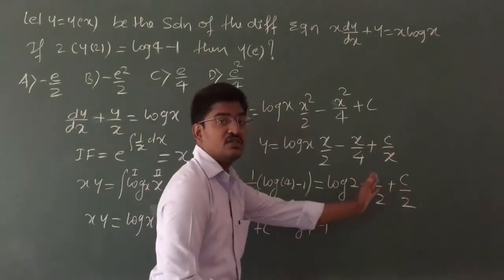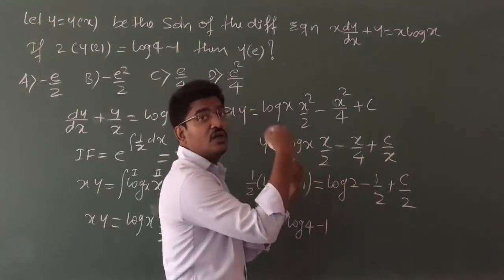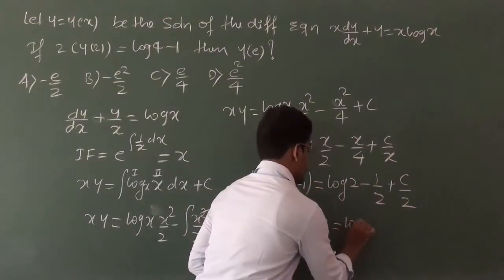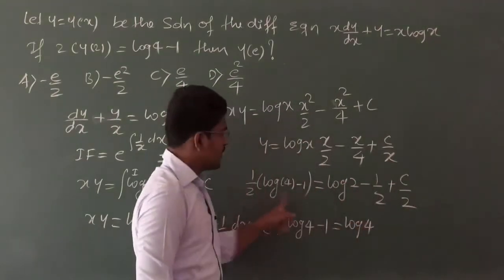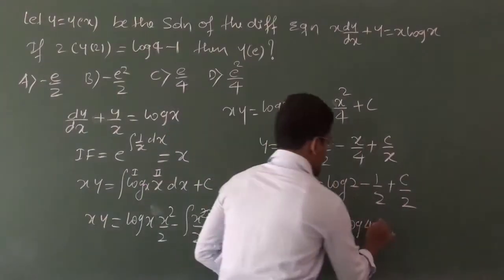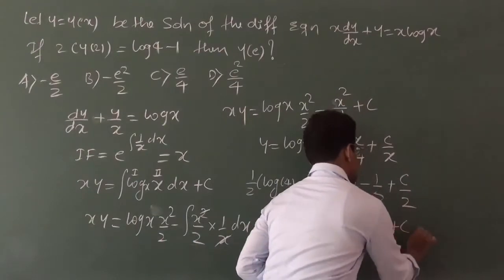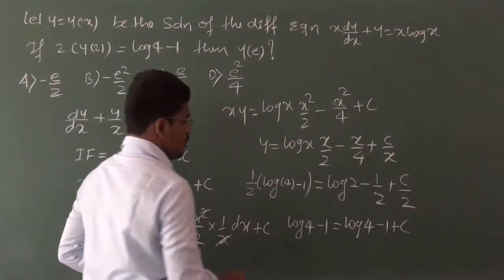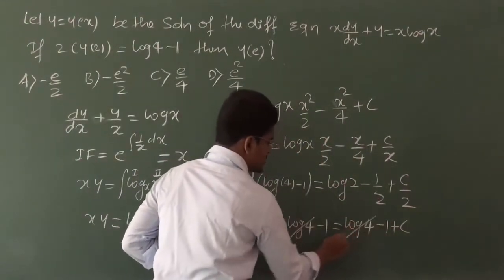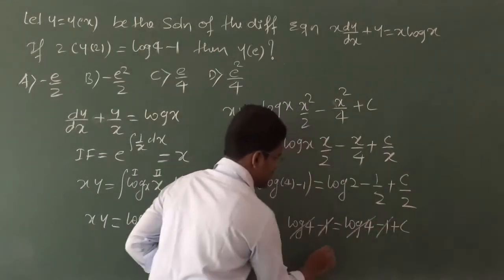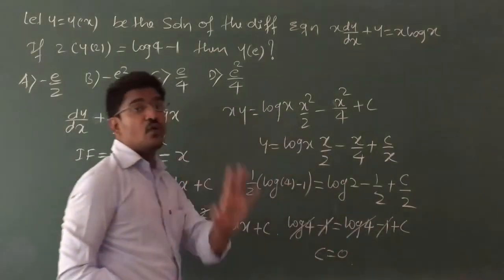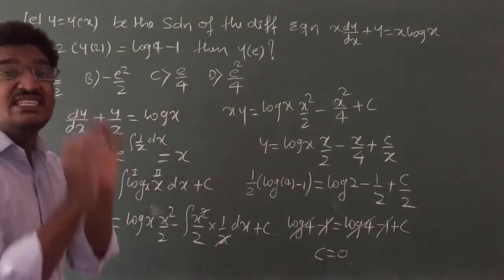If I take 1 by 2 on this side, 2 log 2 will be what? Log 4. And if I multiply 2 to this, it will be minus 1. If I multiply 2 to this term, plus c. Clear? So log 4 is cancelled, minus 1 cancelled, therefore c will be equal to 0. So c is 0.